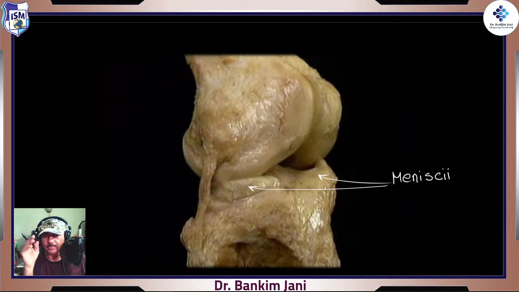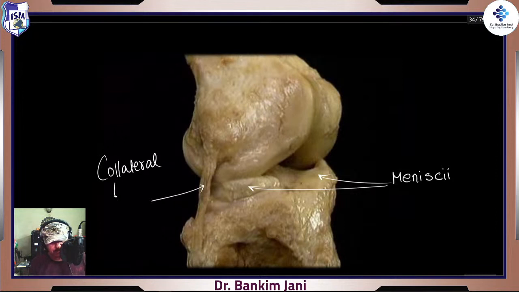Now, because movements are focused in a specific plane, these are the structures which are supporting from the side, right? So that's where they are called the collateral ligaments, right? Let's see them in more detail.